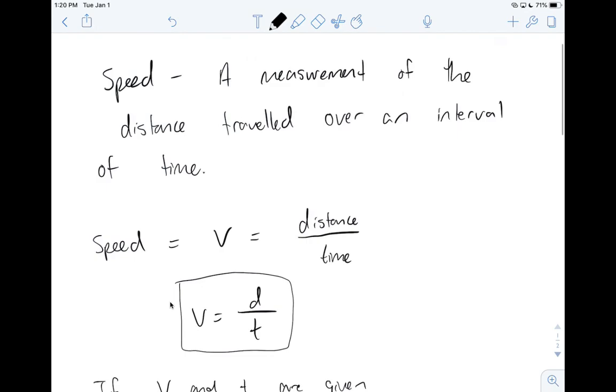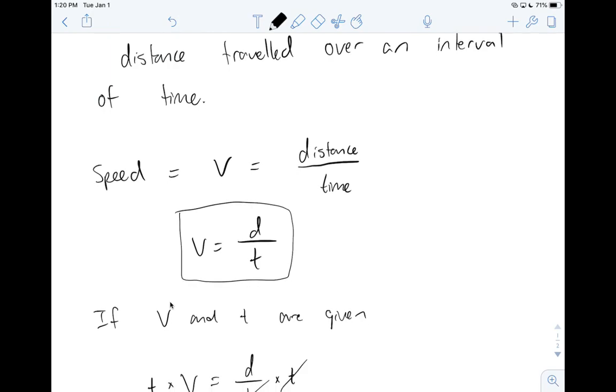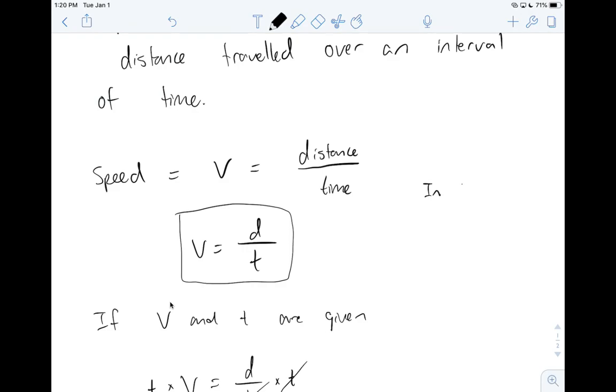Also, the units that we use for speed. Distance is usually in meters. So what you usually see in America are the units mile per hour, or mph.